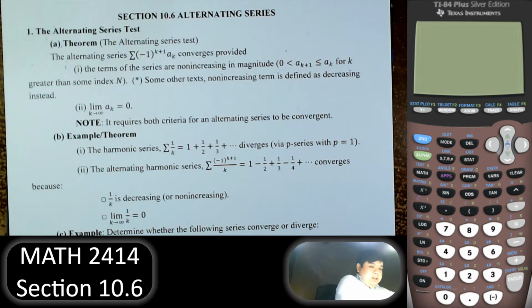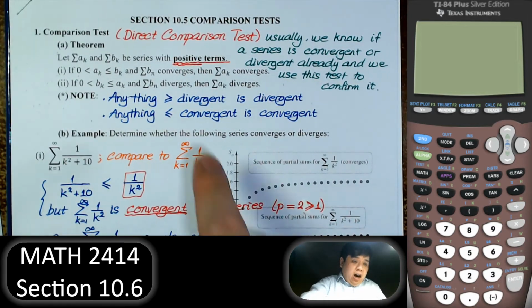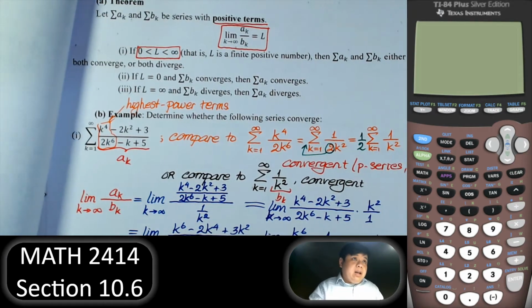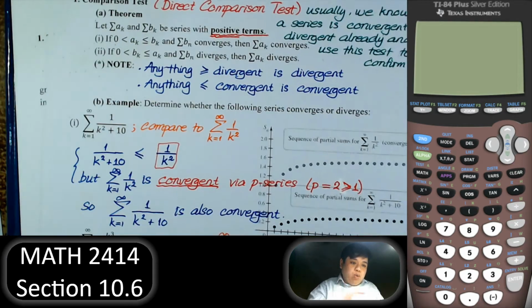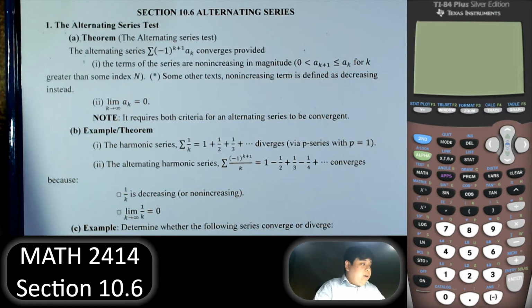And then there will be the comparison tests, the direct comparison test and the limit comparison test. So we pretty much will compare a series to another series. So those are all the tests we have up to this point.